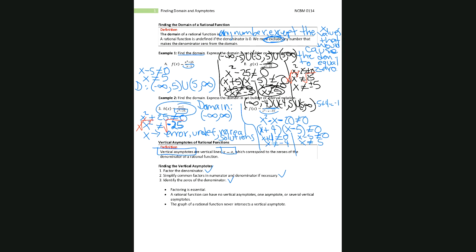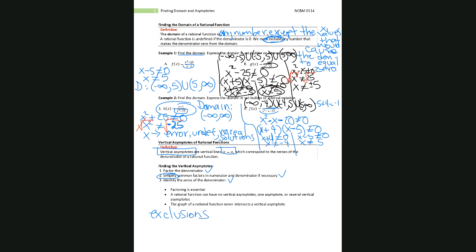Now here we're going to have to factor, because what may look like it could cause a vertical asymptote on the function, if we factor and we're able to simplify, not all the exclusions from the domain will become asymptotes.